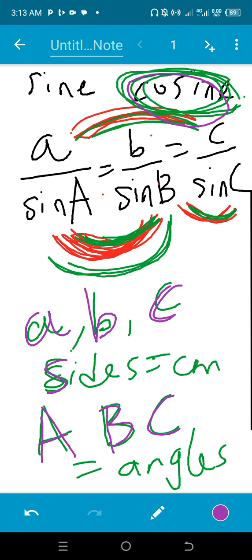So let's start. What if we are looking for a? Just make sure you have the formulas written.